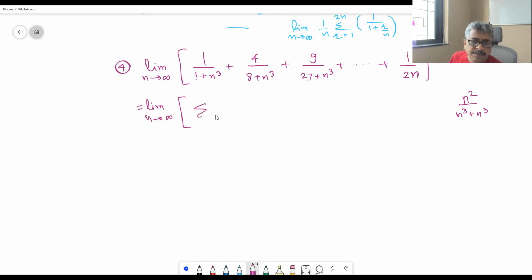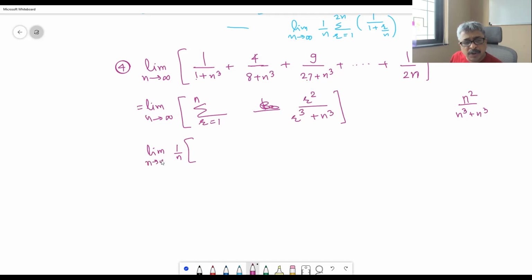So sigma r goes from 1 to n. Instead of 1 upon we should have r square upon r cube plus n cube, right? So we want 1 upon n common out. Without that we cannot apply that formula.